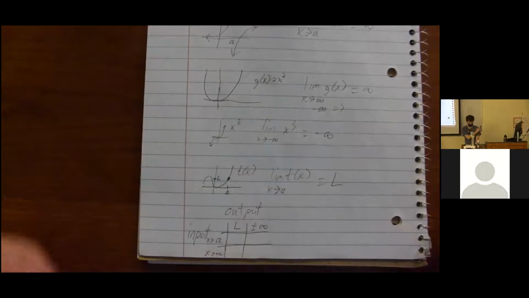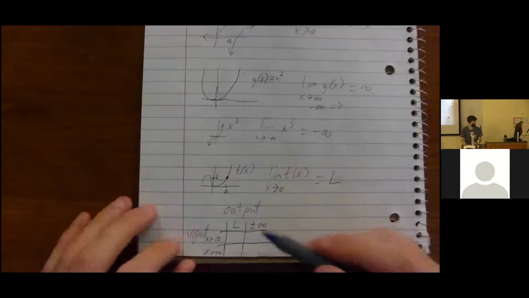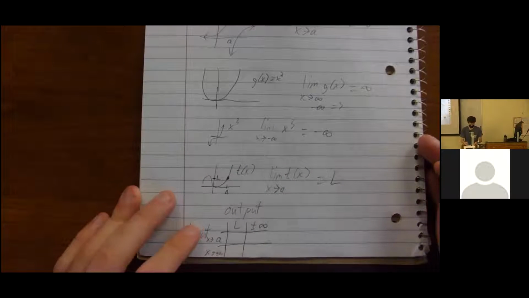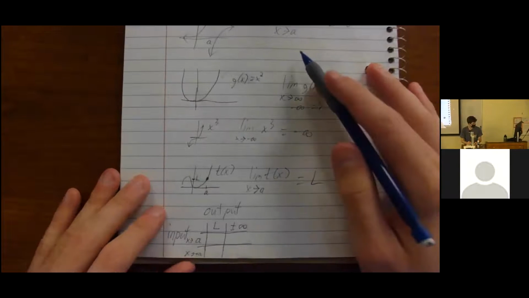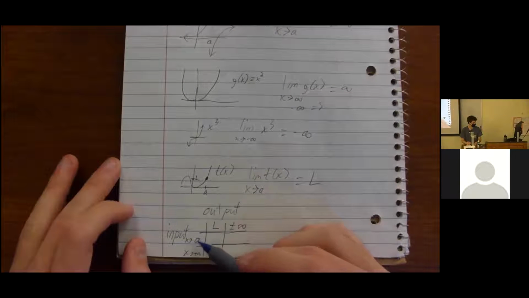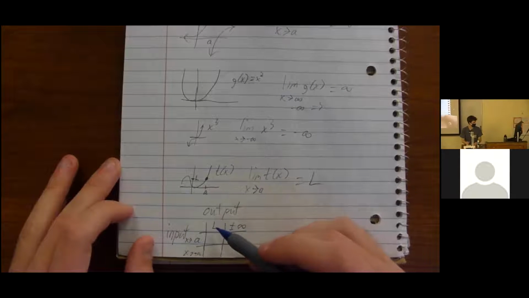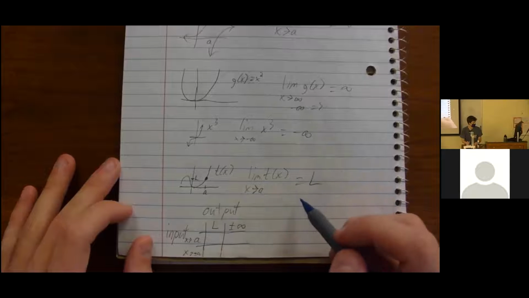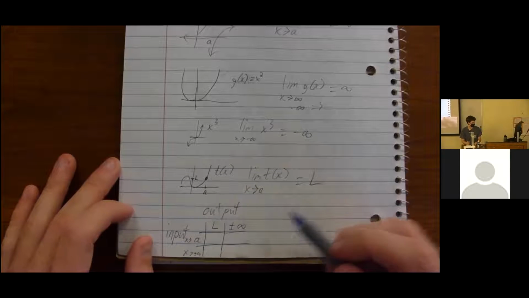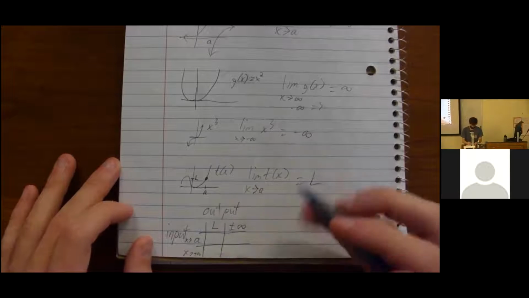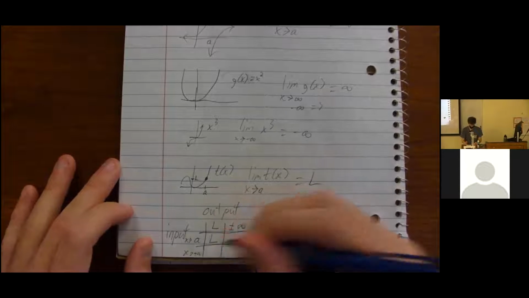Okay. So based upon what we've done up here, let's try to fill in some of this table a little bit. So let's start with this input. We put in a number, get out a number. Well, our output's just going to be that number, as we sort of said. So it's nothing special, it's just L, right?